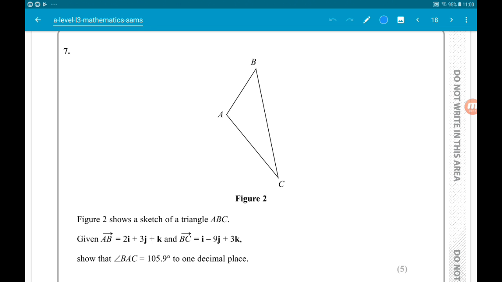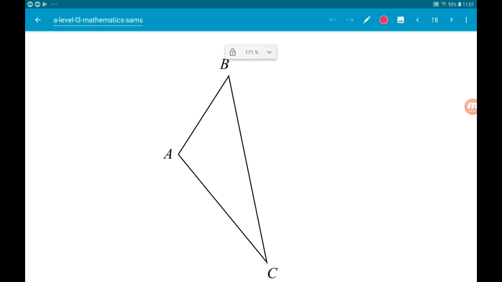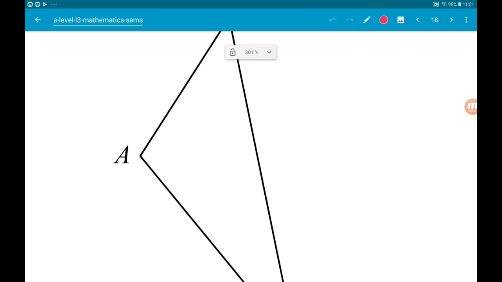Given that AB is 2i add 3j add k, and BC is i minus 9j add 3k, we want to show that angle BAC is 105.9 degrees to 1 decimal place. Okay, so let's track down the angle. So BAC is this chap here.